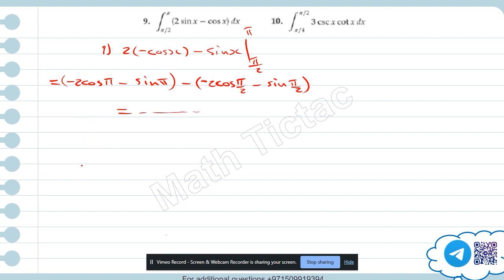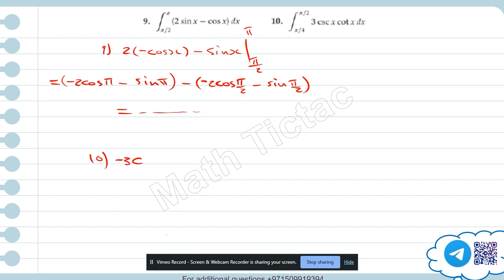Okay, let's see question 10. So this is question 10. What function, if I find a derivative for it, will be cosecant x multiplied by cot x? This is going to be equal to cosec in here.